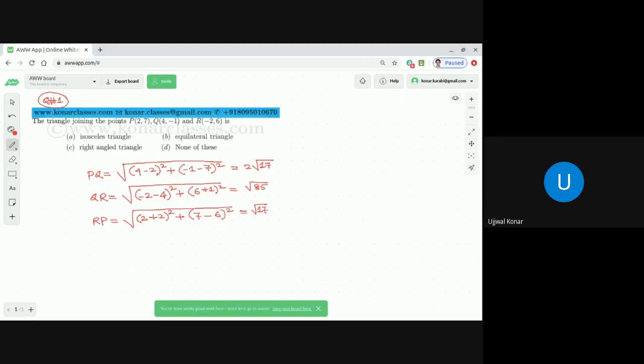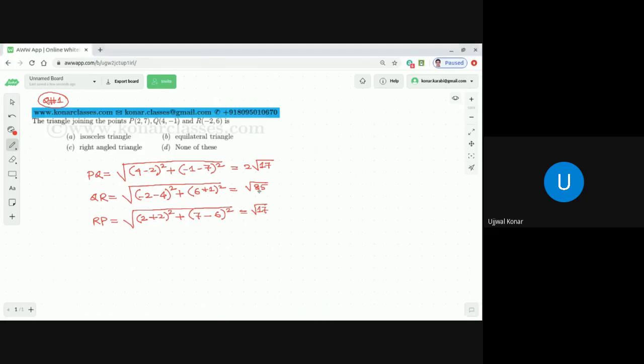Now, if we look at these three values, that is 2 into square root of 17, square root of 85, and square root of 17, what we can find, dear students, is that square root of 85 whole square is equal to (2 into square root of 17) whole square plus (square root of 17) whole square.